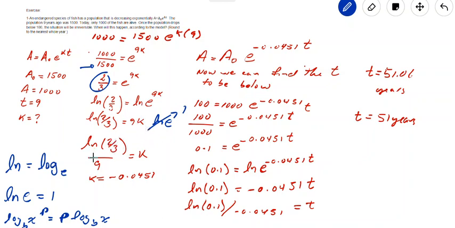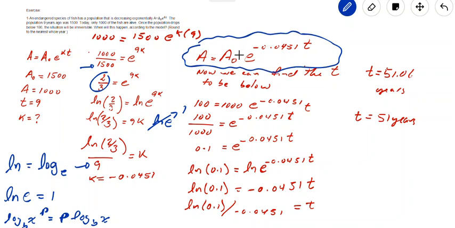I divide both sides by 9, so I have the natural logarithm of 2/3 divided by 9 equals k. When I substitute that in my calculator, I get that k is equal to negative 0.0451. With this value of k, now I have my model: A equals A sub 0 times e to the power of negative 0.0451t.